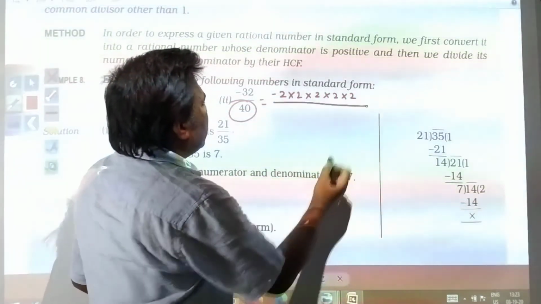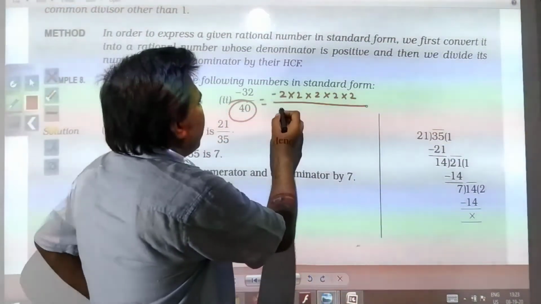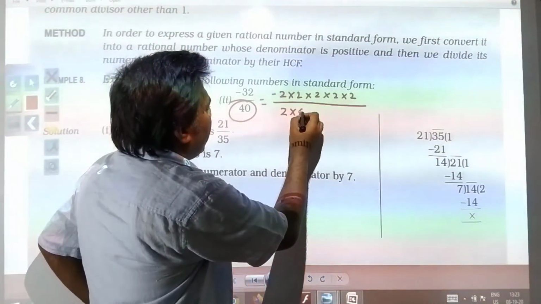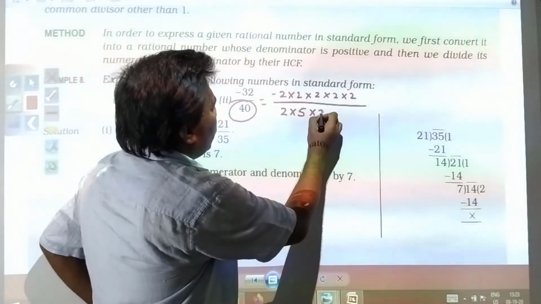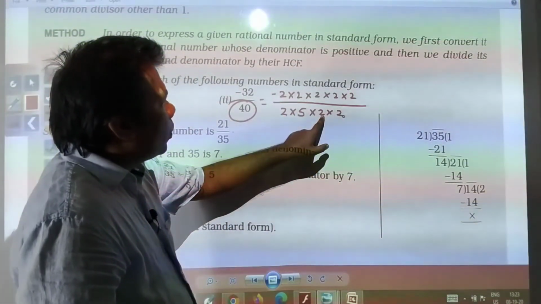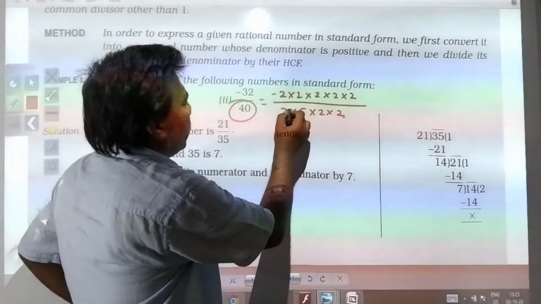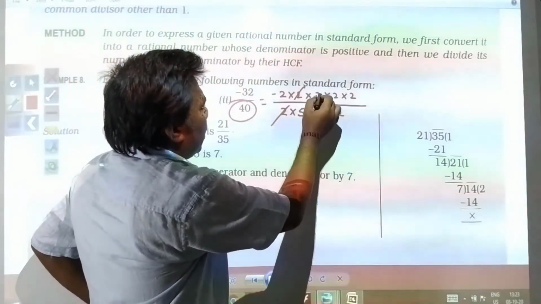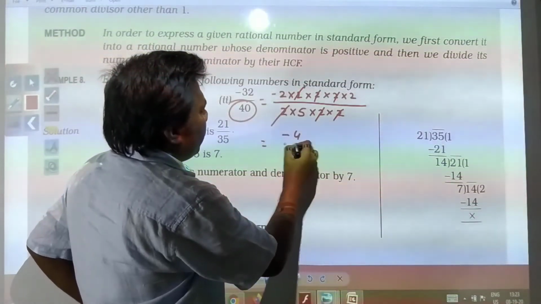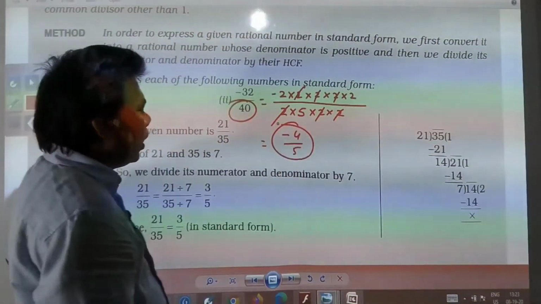And 40 you will have as 2 into 5 into 2 into 2, 2 fives are 10, 10 twos are 20, 20 twos are 40. Now you cancel these. So what you are left with is -4 by 5, and this will be your answer.